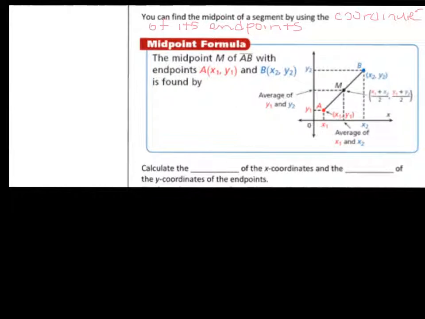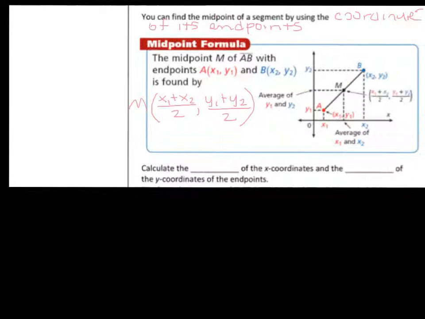To find the midpoint, you are going to do x1 plus x2 divided by 2. That will give you the x-coordinate of your midpoint. And then you're going to do y1 plus y2 divided by 2 in order to find the y-coordinate of your midpoint.